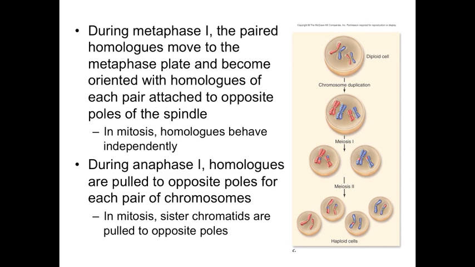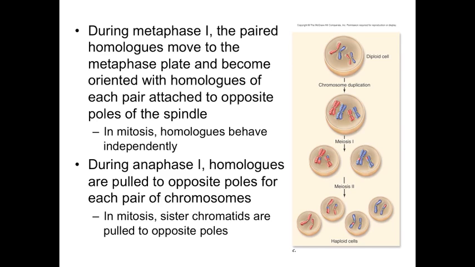During metaphase, the paired homologs move to the metaphase plate and become oriented with the homologs of each pair attached to opposite poles of the spindle. When we were looking at mitosis, you would notice that the homologs operated separately. That is, they lined up single file down the center of the cell during metaphase. However, in meiosis, they line up as pairs on the metaphase plate. So as a tetrad, the homologs line up side by side along the metaphase plate.